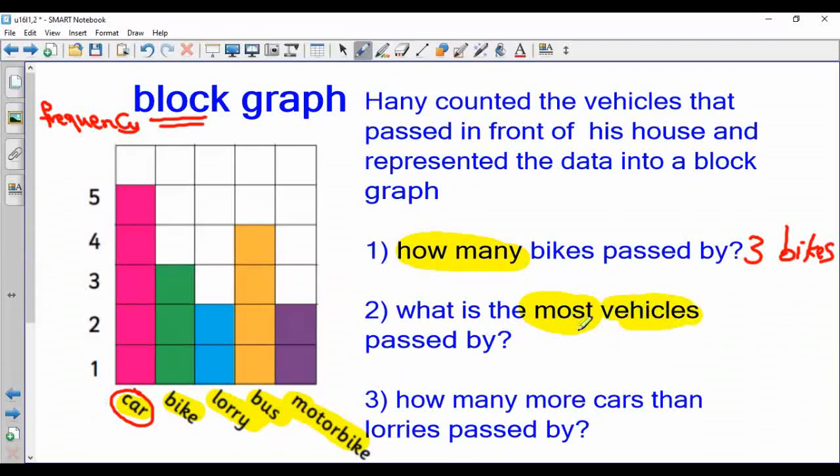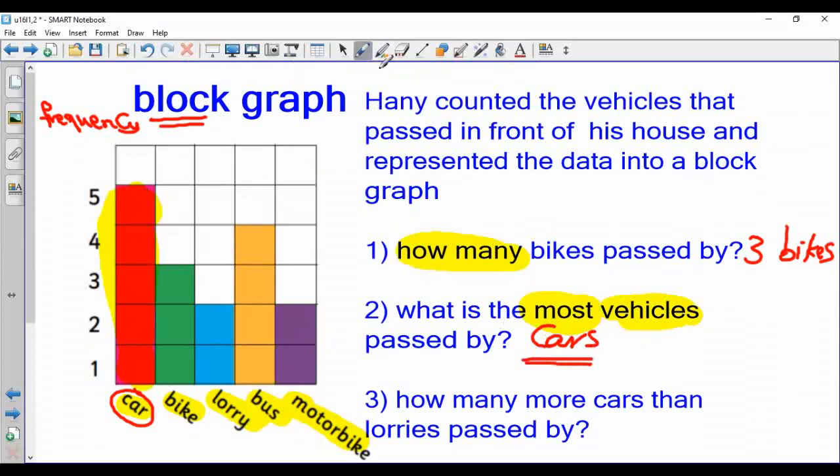If you want to look for the most, you should look for the highest blocks. And the highest blocks, it is here, and this block goes for cars. So the most vehicles that passed by was cars. So I will write here cars.